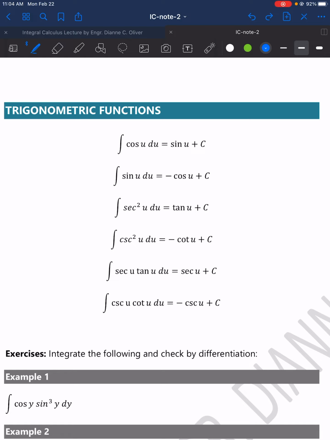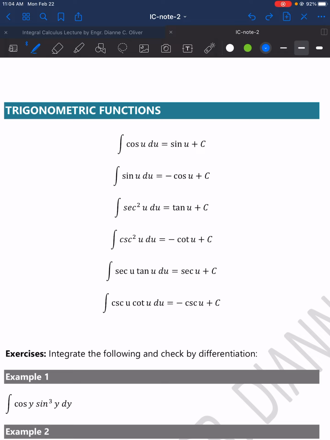There's no tangent squared. So how are we going to solve this one? If there's no tangent squared u here, what other method are we going to use? We're going to try if we can use the identities.